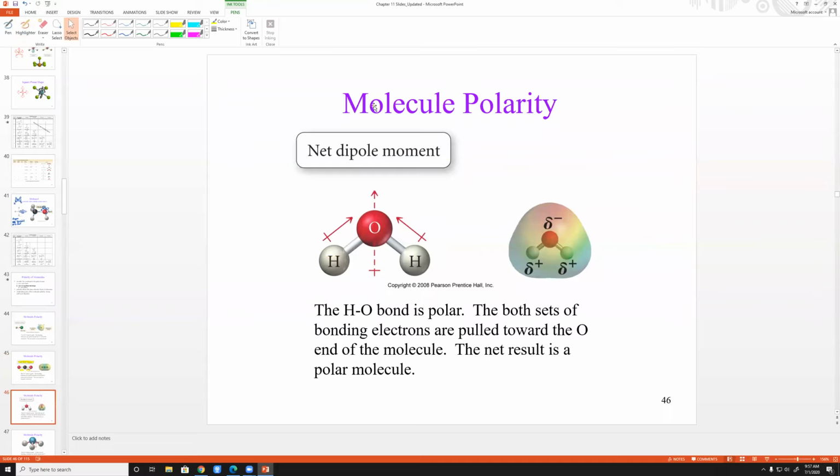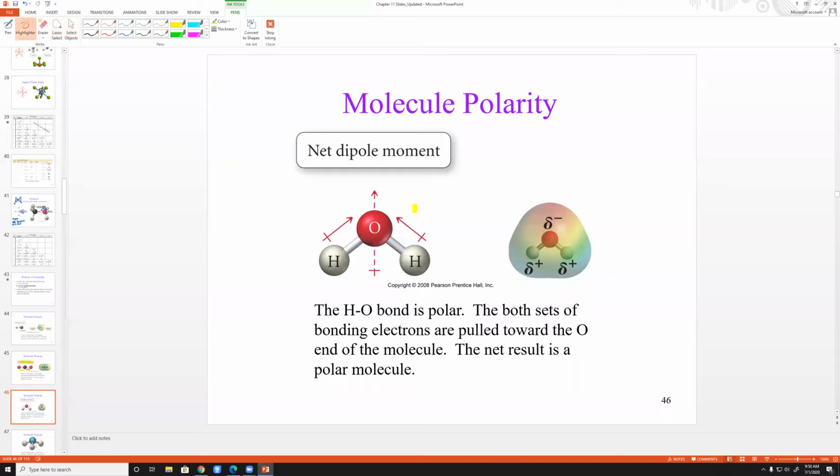Now, here's water. We know the shape of water. Water will not be linear. It will be bent because it has its two lone pair electrons, and you figure that out by determining the Lewis structure. Once you know that, you can say, because it is bent, it's not symmetrical in every direction. It's symmetrical over the y-axis, but not symmetrical over the x-axis.